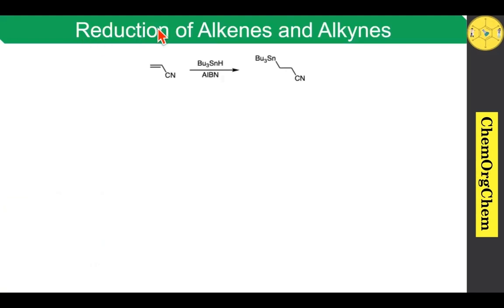The first application is reduction of alkenes and alkynes. Tributyltin hydride is highly useful for reduction of alkenes. For example, when you take acrylonitrile in the presence of tributyltin hydride and AIBN, it produces the corresponding reduced product. Let's see the mechanism.